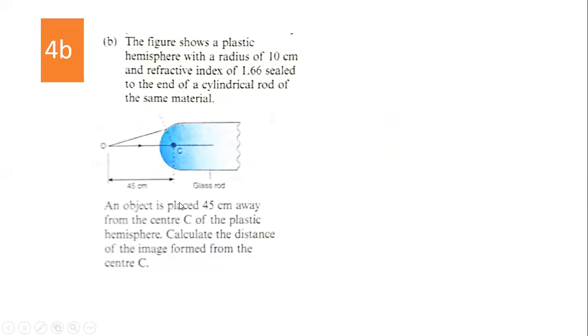An object is placed 45 cm, that's the object distance, away from C, that's your center of curvature, center C of the plastic sphere. That one is your plastic hemisphere. That's a cylindrical rod. Calculate the distance of the image formed from the center C.